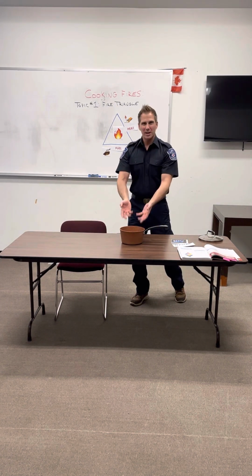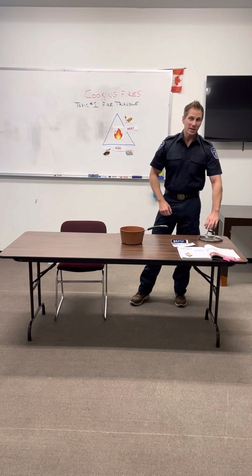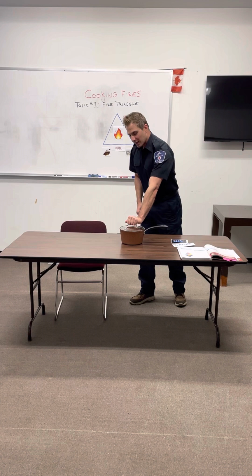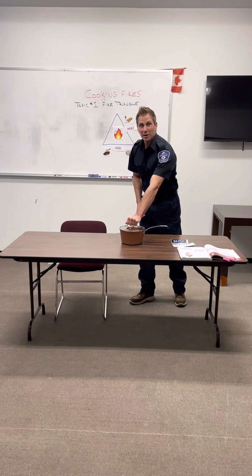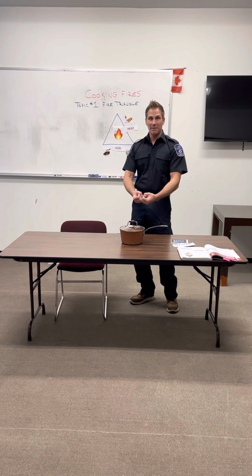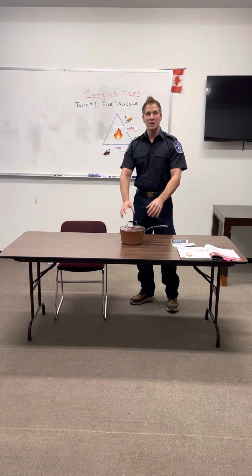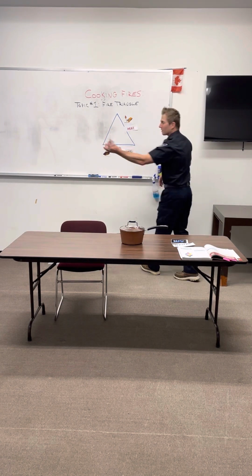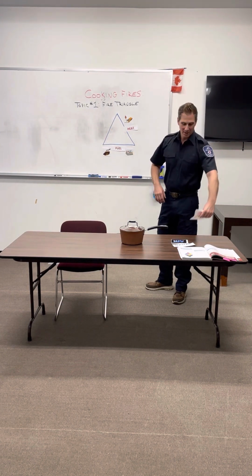There's a few flames kind of licking up out of it. What I'm going to do is I'm going to take my pot lid and I'm going to carefully slide that over and smother that fire. Now, all the air has suffocated that fire. There's no more air left in that pot, so that breaks that chain reaction, and now that fire will extinguish.